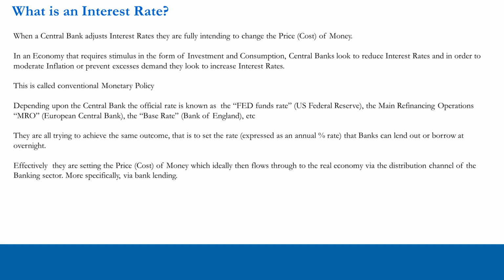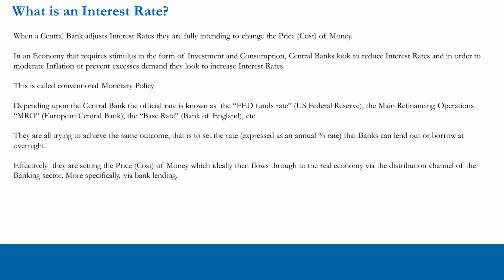That's from the central bank, the US Federal Reserve. In Europe, it's known as the MRO, the main refinancing operations. That's the ECB, the European Central Bank. And for example, in the UK, if we just take one randomly somewhere else in the world, the interest rate set by the Bank of England is known as the base rate.